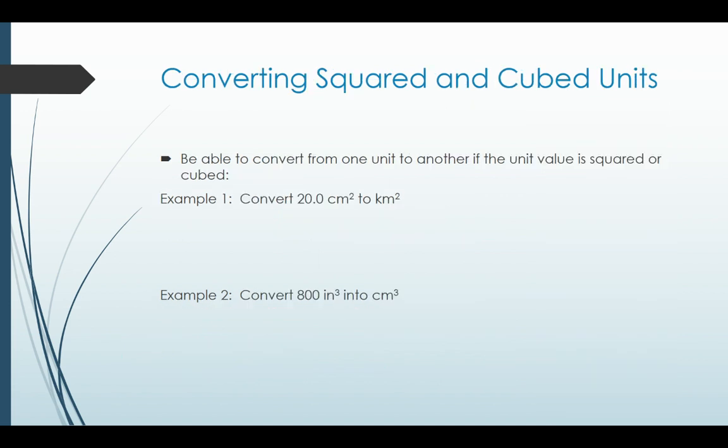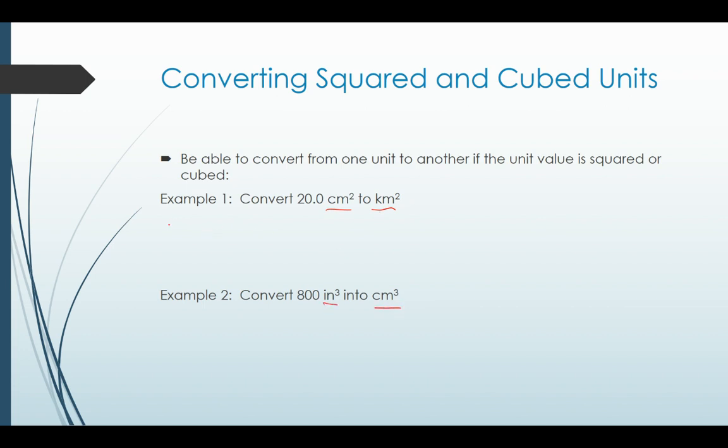The next one, for honors, you need to be able to convert with cubed and squared values for our prefixes, or excuse me, with our conversion factors. So instead of just centimeters to kilometers, we're going centimeters squared to kilometers squared, or inches cubed to centimeters cubed.